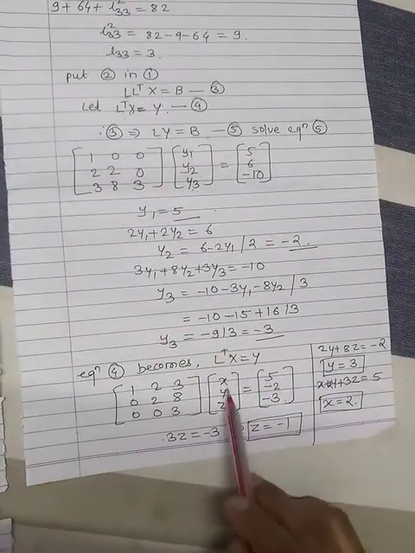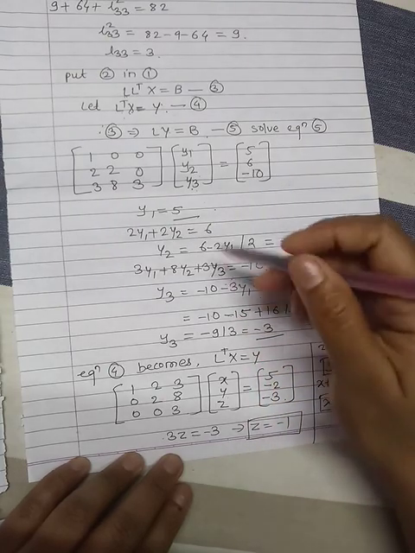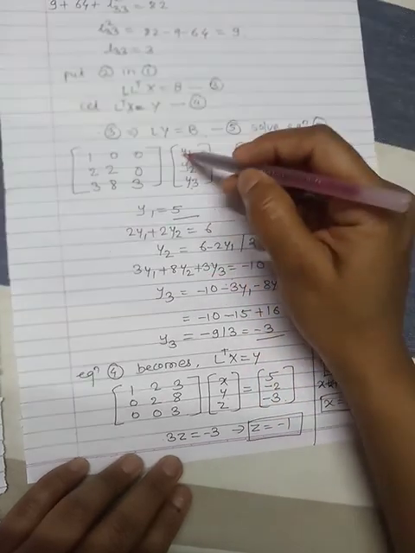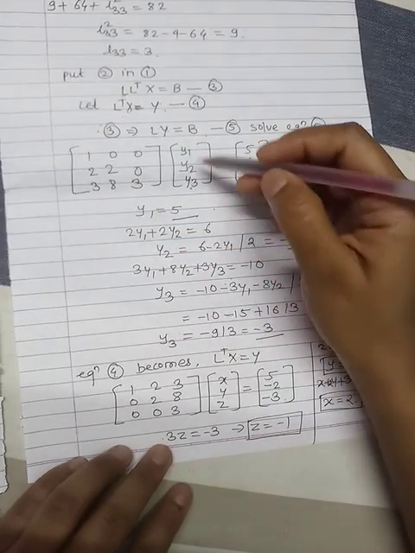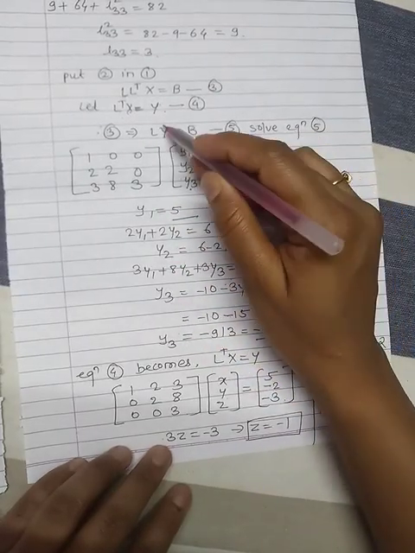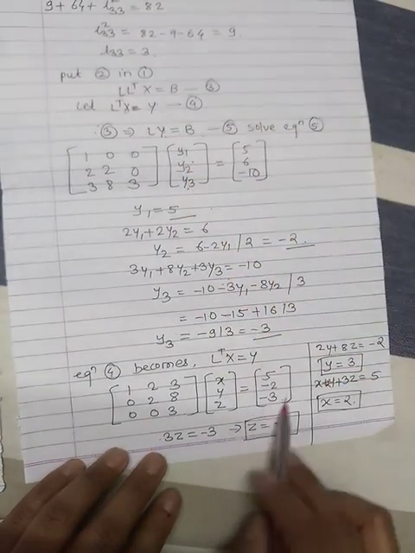The constants are x, y, z. So the capital X will be the x, y, z matrix. Then Y is already calculated in the previous step, that is the y1, y2, y3 matrix. Put the values of y1, y2, y3 in this matrix. We get the matrix Y.